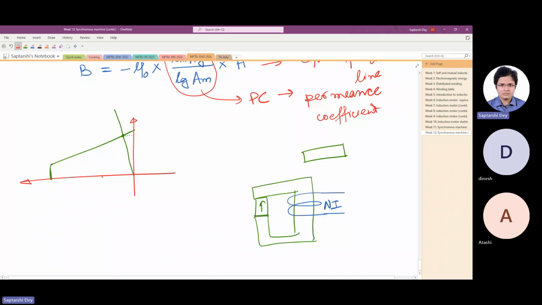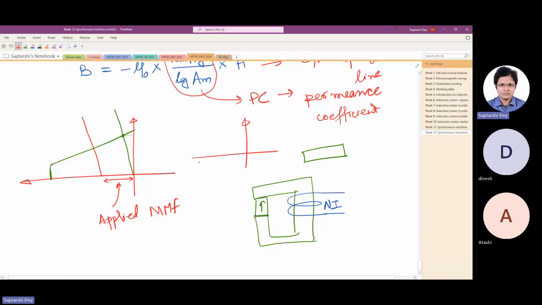Slope will remain constant because slope is completely a function of geometry. So this shift is proportional to the applied MMF. How much can you shift?